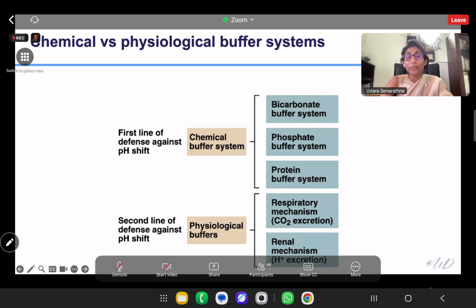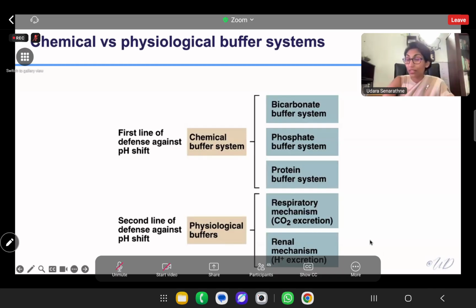And the renal mechanism would be based on the H plus excretion. The kidneys can increase the H plus excretion or decrease it, mostly increase it, and help the acid-base homeostasis.